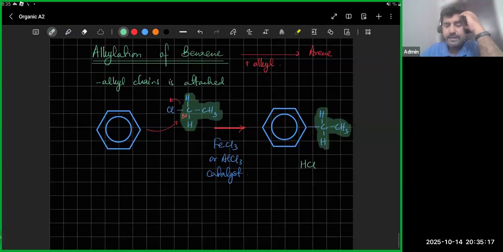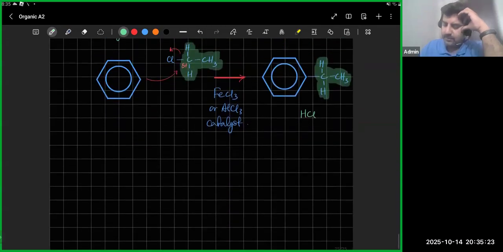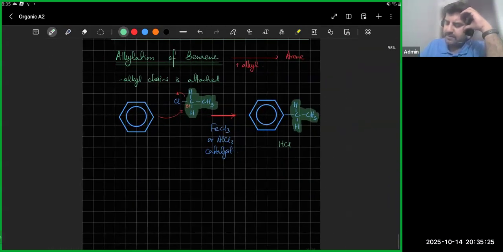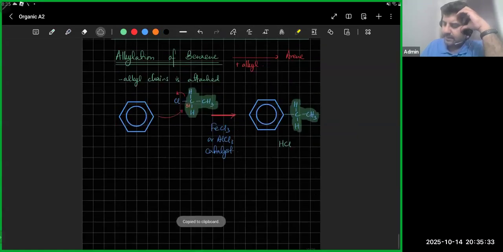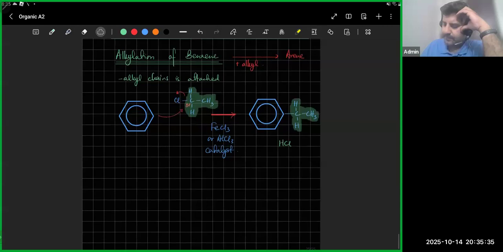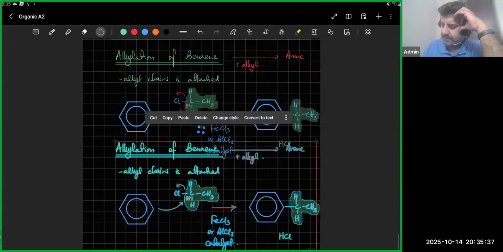So this is alkylation of benzene, and similarly, you're going to have acylation of benzene as well, which is kind of the same, except that it's with an acyl chloride. So what's an acyl chloride? I'll just copy paste the entire thing.